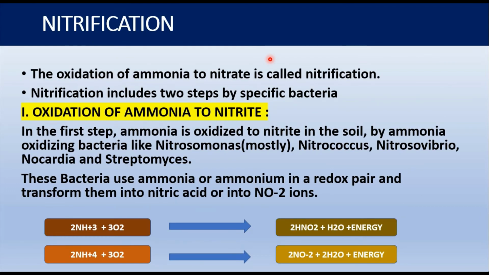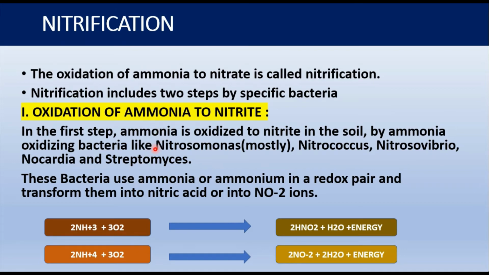So let's see the first one, oxidation of ammonia to nitrite. In this first step, ammonia is oxidized in the soil by ammonia oxidizing bacteria like Nitrosomonas, which is mostly the main one. Then we have Nitrococcus, Nitrosovibrio, Nocardia, and Streptomyces.